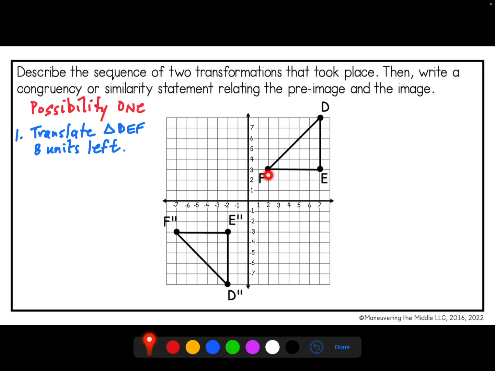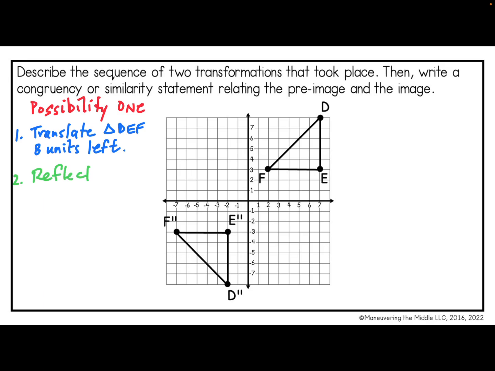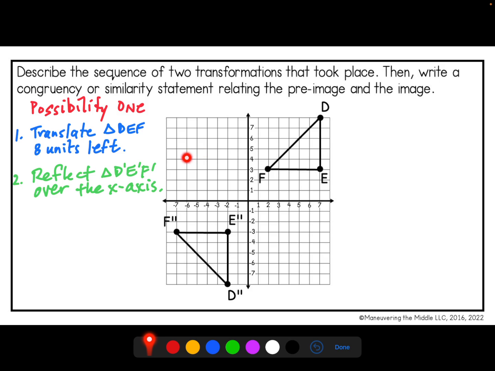So I'm going to take this triangle and translate it 8 units to the left. So we will have transferred triangle DEF to this spot right here. And then we will reflect it over the x-axis. So we'll take it and flip it over the x-axis. So the D comes to D double prime, the E prime comes to E double prime, and the F prime comes to F double prime.